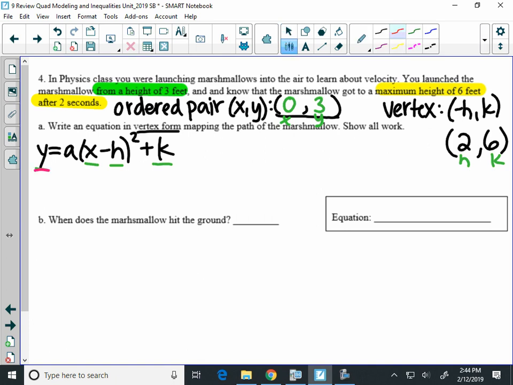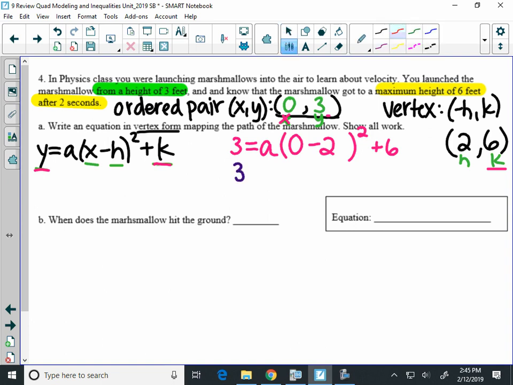For y, we know that y value is 3. So we're going to write 3 equals. We do not have anything for a. We're actually going to solve the equation for a. In parentheses, our x here is 0. Now, it's the opposite of h, and our h is 2. So minus 2 squared, and our k over here is 6, so plus 6. So what you're going to do is solve that equation for a so that you can write your equation.